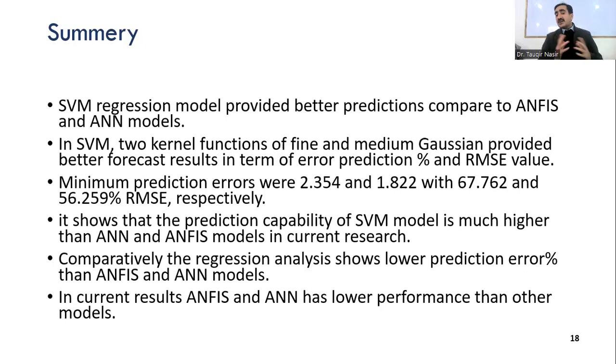It shows that the prediction capability of the SVM model is much higher than ANN and NFIS in this current research. Comparatively, the regression analysis shows lower prediction error compared to NFIS and ANN. In the current results, ANN and NFIS have lower performance than the other models.